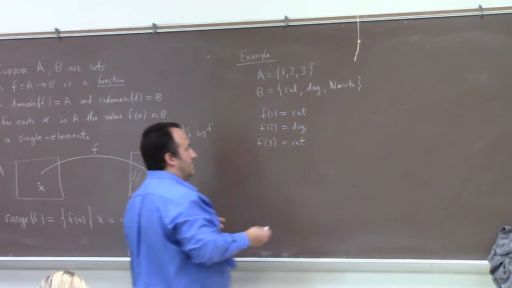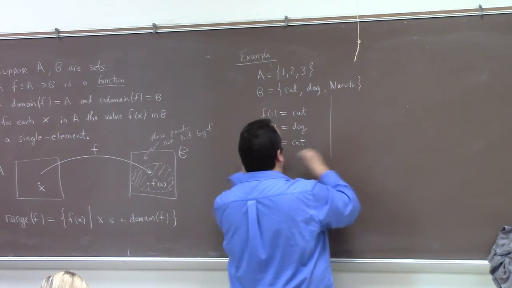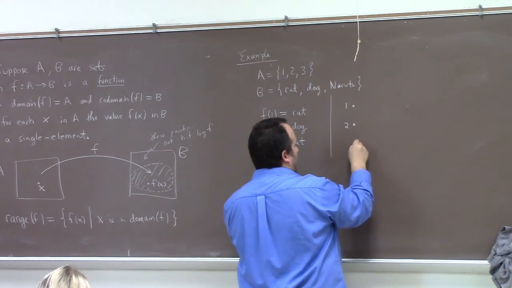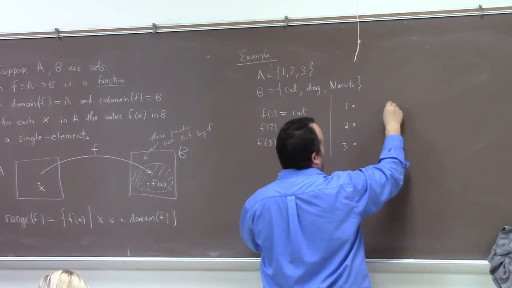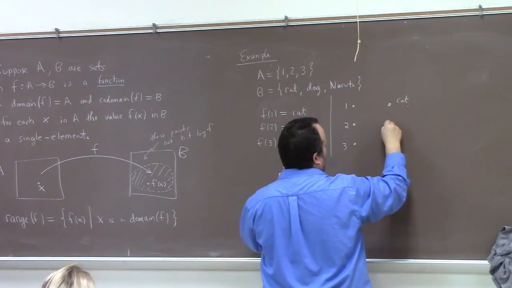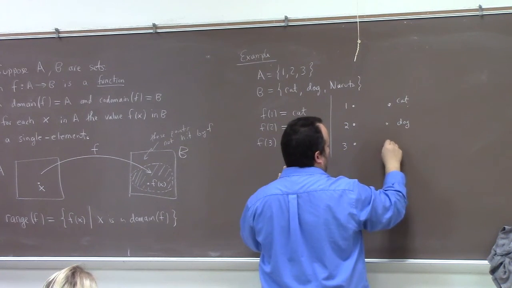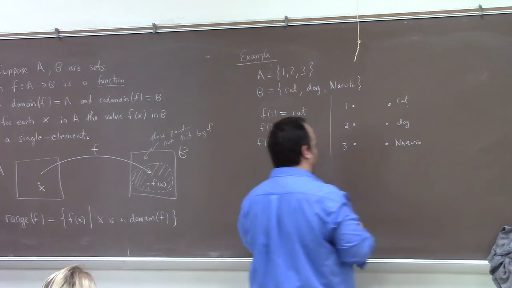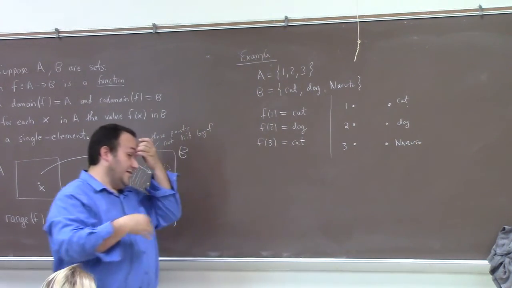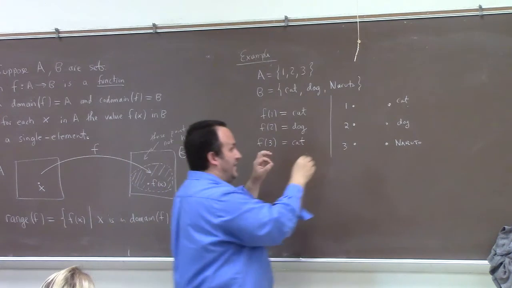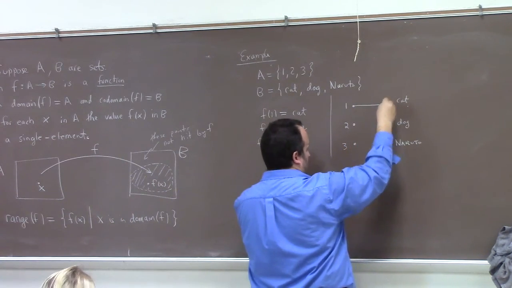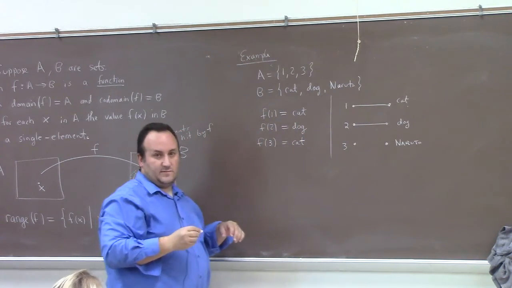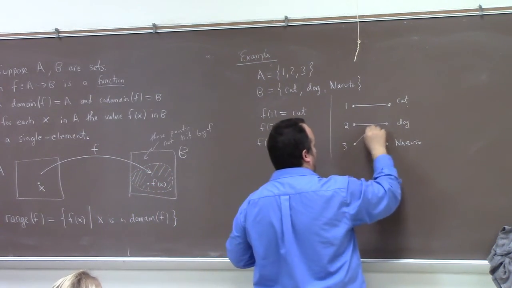Entirely equivalently, you could make 1, 2, 3 this picture. Over here we could write cat, dog, Naruto. And we could picture the function by like little lines that show you the action. Like 1 goes to cat, right? 2 goes to dog, and 3 goes to cat again, right?